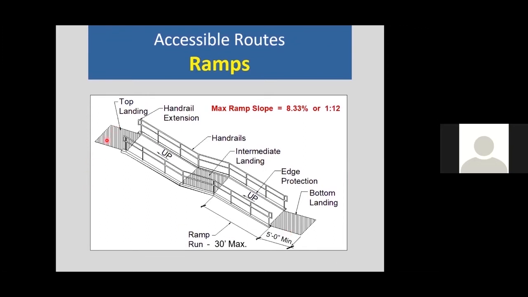There's a landing at the top. If our ramp run is over 30 feet, we need intermediate landings. We need handrails on both sides. And we need edge protection to keep perhaps the wheel of a walker or the front wheel of a chair from coming through the bottom rail and extending over the edge.